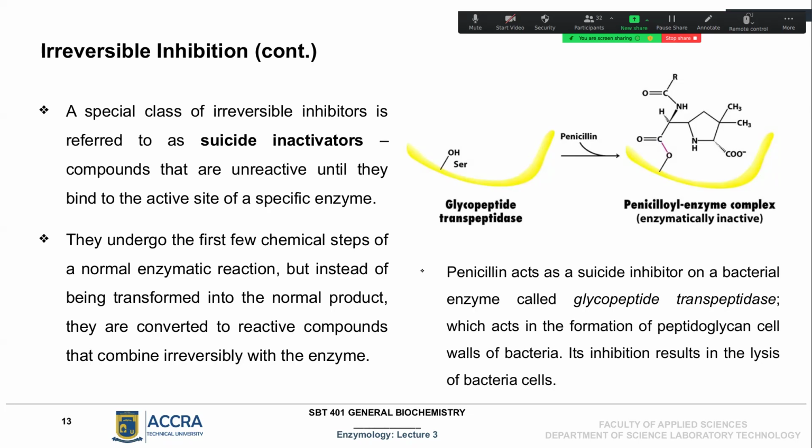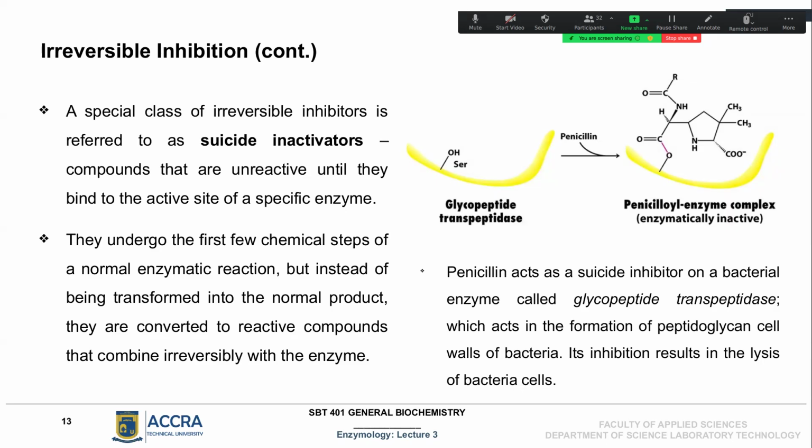And peptidoglycan, from first year, we saw as being a polymer of derivatives of monosaccharides, N-acetylglucosamine and N-acetyl muramic acid.